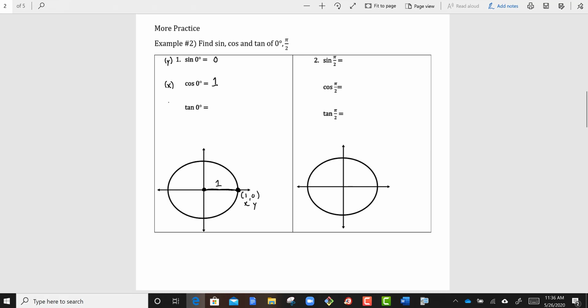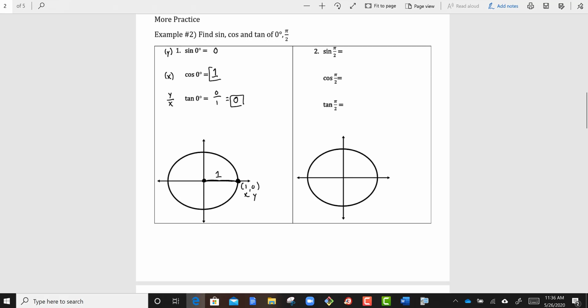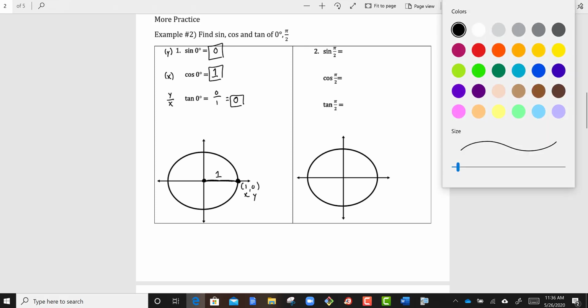And the tangent at 0 degrees is y divided by x, and in this case, it's 0 divided by 1. 0 divided by 1 is 0. So a lot of times these special angles at 0, 90, 180, and 270 are slightly easier. And that brings us to the next one.